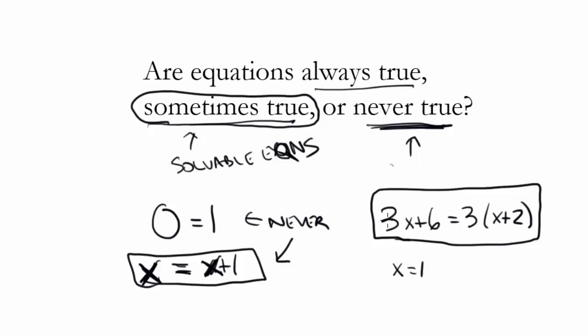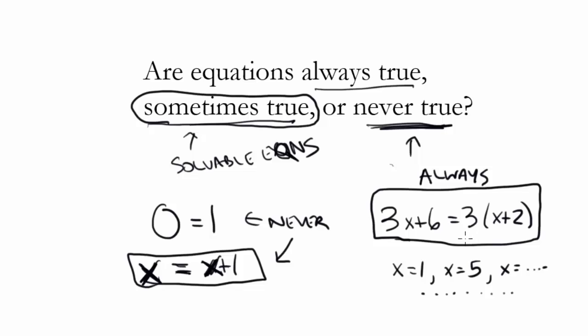If you plug in 1, I get 9 equals 3 times 3. What about when x equals 5? 3 times 5 is 15, plus 6 is 21. Does 21 equal 3 times 7? Yeah, 3 times 7 is 21. It's true for x equals any number at all. So this is an example of an equation that is always true.